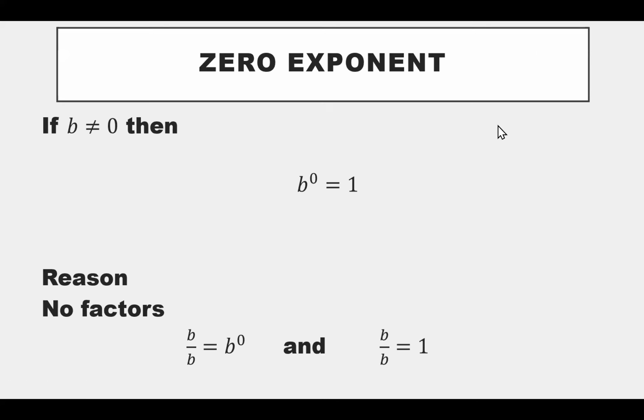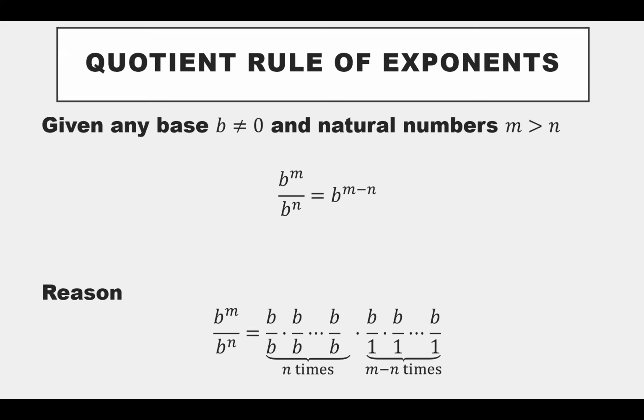So this is the 0 exponent rule. It says if I have any non-zero base, then if I raise b to the 0 power, it has to be 1.